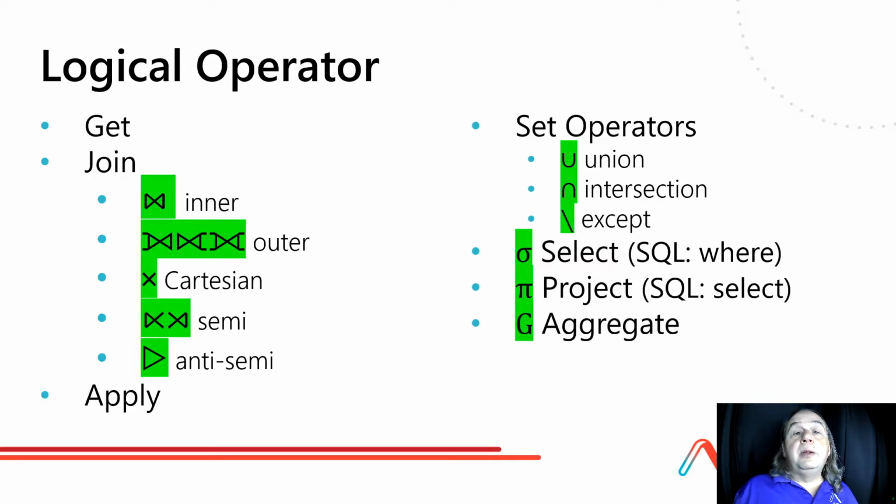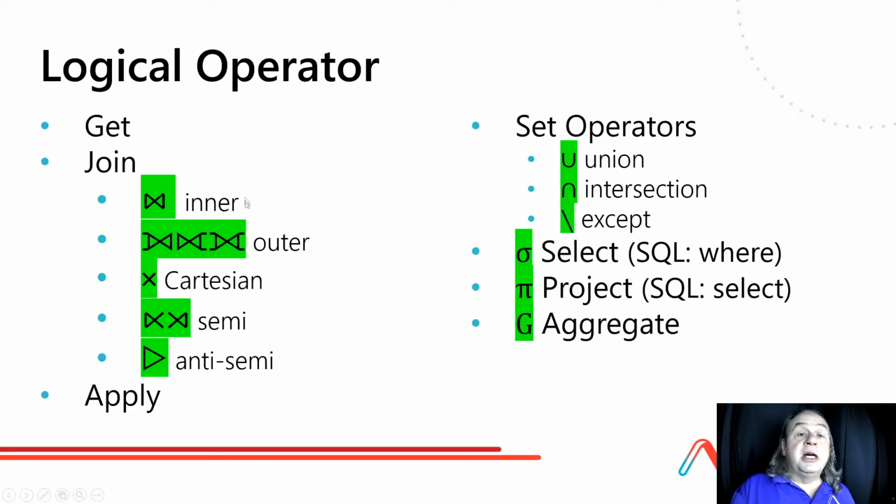Now, like all mathematics, set theory has its own language and its own notation. There's just a couple of things on this slide that I really want to point out to you that are of significance. You'll notice that many of the operators are very similar to what we work with in SQL Server.